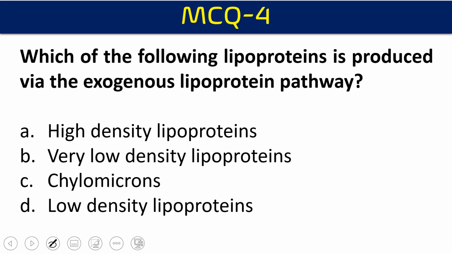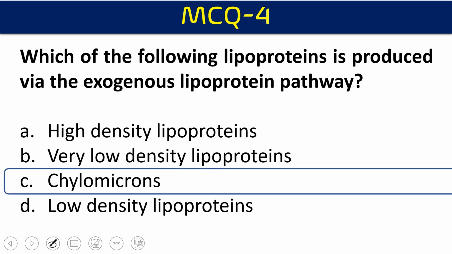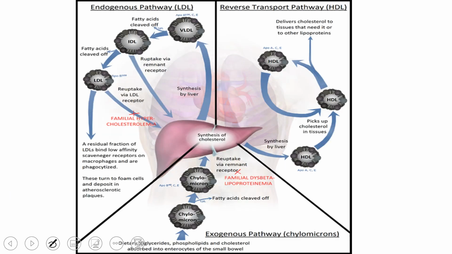The correct answer is chylomicron. There are three different types of pathway we are having for lipid in our body. That is called the endogenous pathway, exogenous pathway, and reverse cholesterol transport pathway. One by one we are going to see. If we look at the exogenous pathway, whatever lipid you eat goes to your intestine, and from the intestine it cannot go directly to the circulation, so it needs to be transported via the lipoprotein pathway.